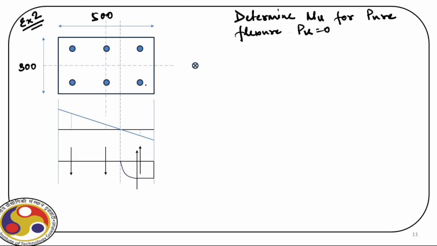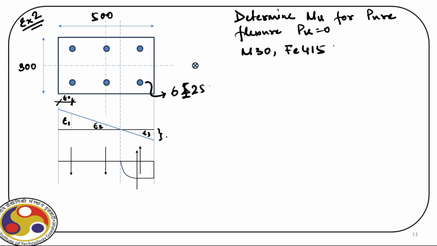So it is the same section. We have 6 25 mm bars, and we use M30 concrete and Fe415 bars. This distance is 60, and again we have epsilon 1, epsilon 2, and then epsilon 3.